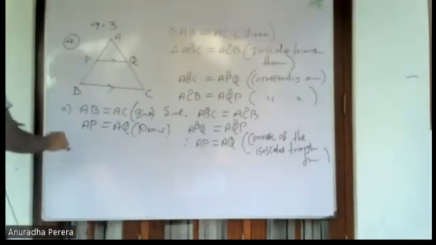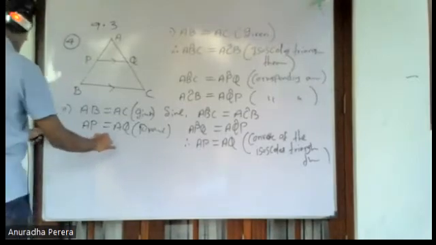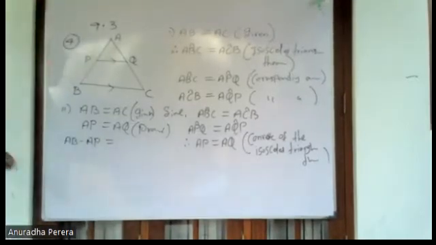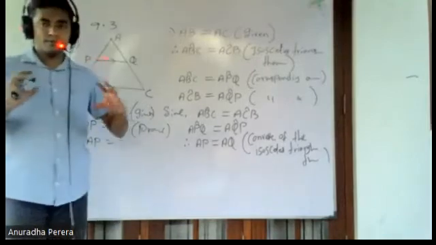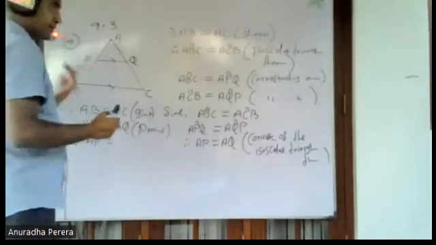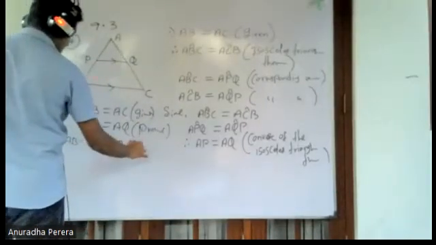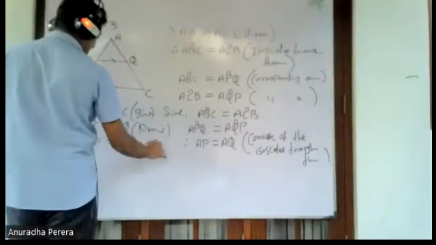Then subtract them: AB minus AP. Using this axiom: subtracting equal quantities from equal quantities, the result is also equal. AC minus AQ. You can mention it as axioms.